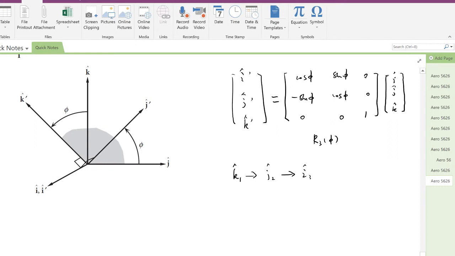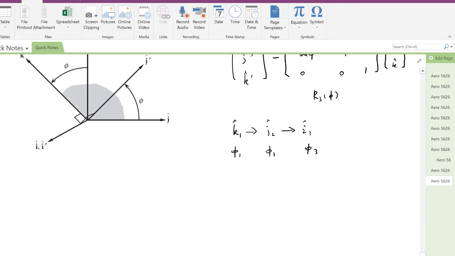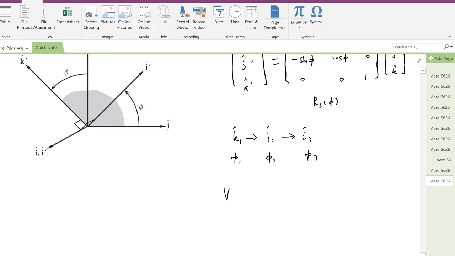For k1 we make a rotation about phi 1, for j2 a rotation about phi 2, and for I3 a rotation about phi 3. Eventually, if we have a vector v3, it can be expressed as R1 phi 1, initially the v0 vector, times R2 phi 2 times R3 phi 3. So that's how we convert a vector through the rotational matrix.